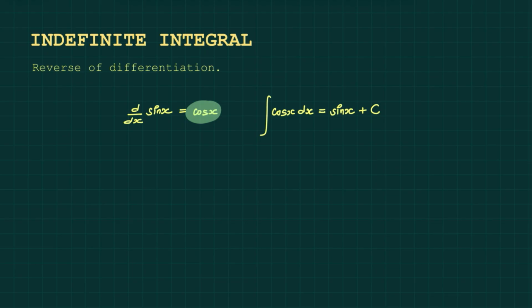Now there's a reason why to write this constant here, because if I consider a function, let's say sin x plus 5, and I differentiate this function with respect to x, then I'll get cos of x, and d/dx of 5 is again 0. That means the derivative of sin x plus 5 is also cos x.